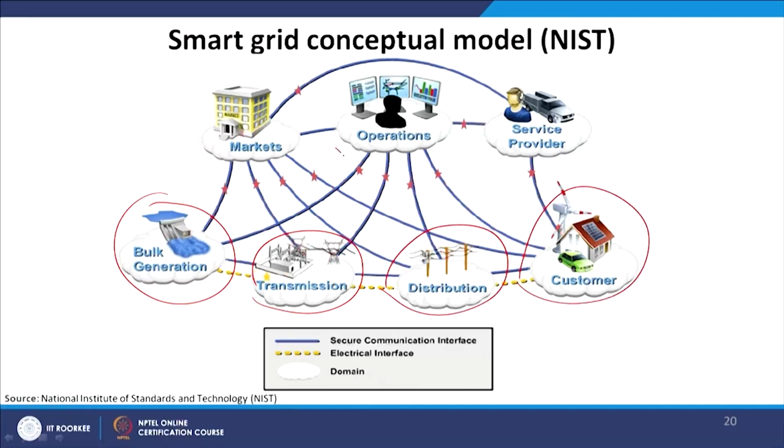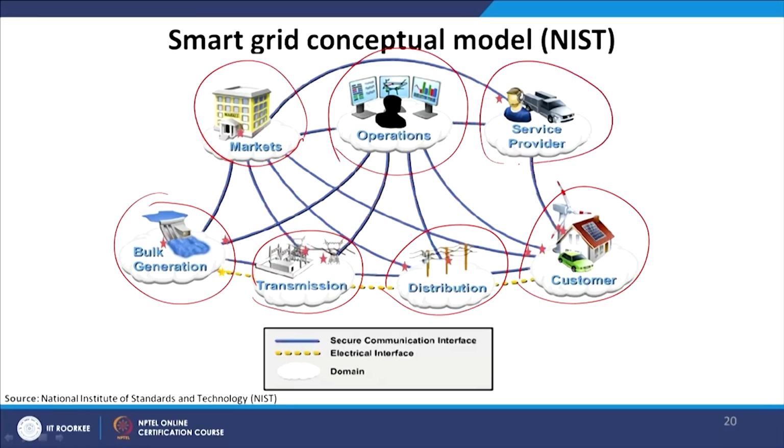This is my operating center, and we do have the energy market and service providers. The very interesting part is the thick lines between operations and bulk generation, transmission, distribution, customers, which are the secure communication interface, whereas the yellow dotted lines show the electrical interface.